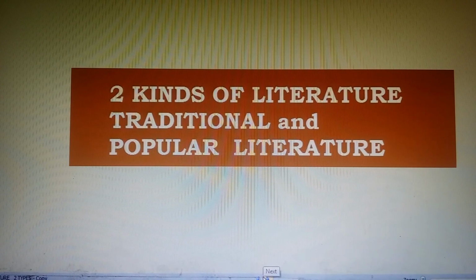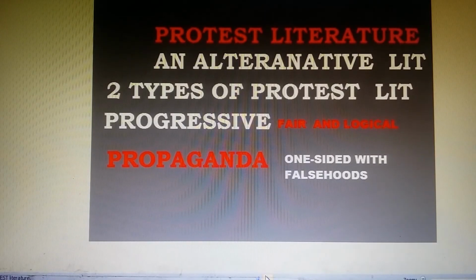Well, we know there are two kinds of literature, the traditional and the popular lit. There is also what we call protest literature. It's an alternative lit. But there are two types of protest literature.